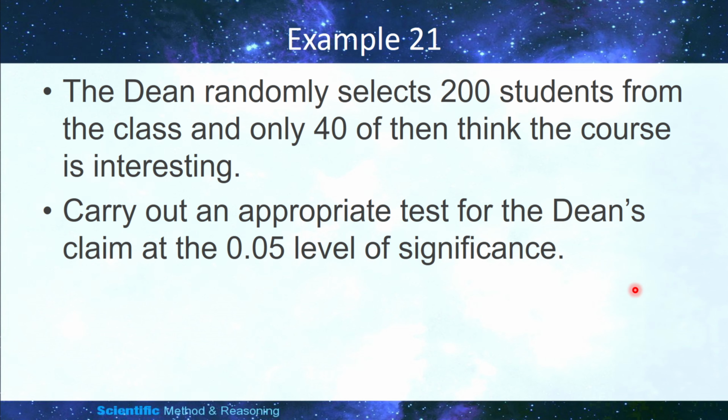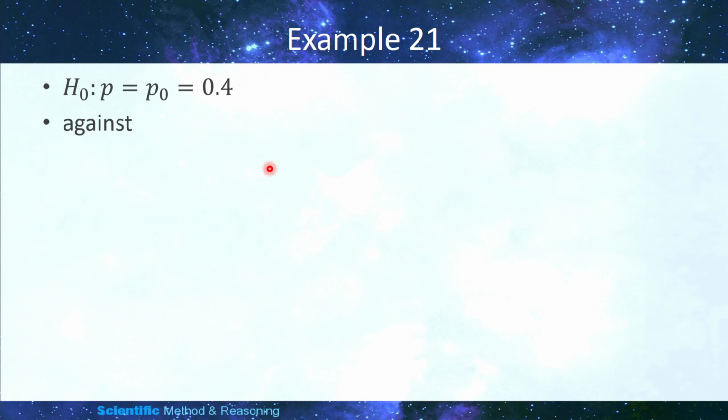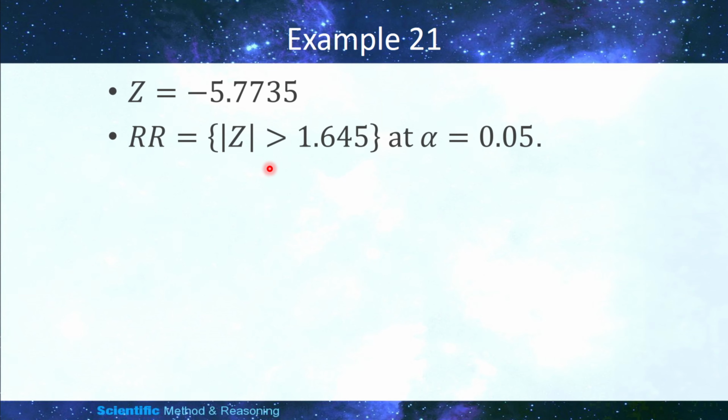The question is to carry out an appropriate test for the Dean's claim at the 0.05 level of significance. Alpha is specified in the question to be 0.05. So at alpha equal to 0.05, the rejection region would be the absolute value of the test statistic greater than 1.645, which is the same as the previous example.